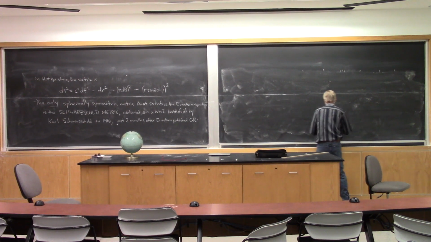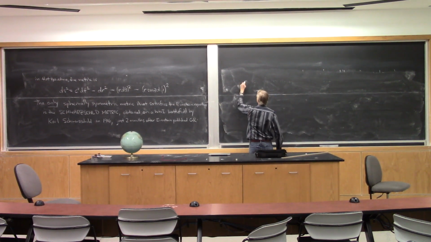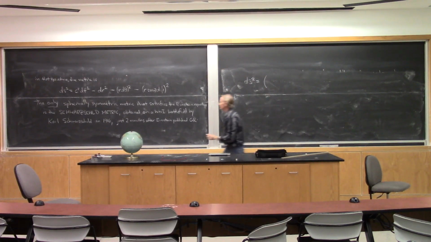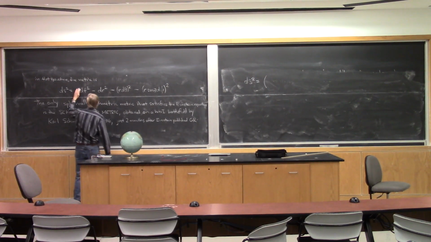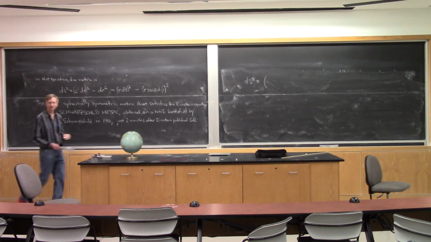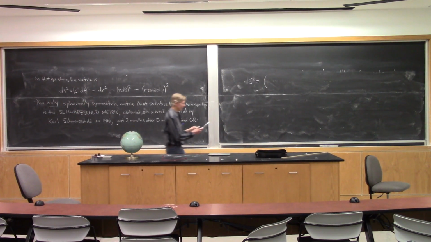So here it is. ds squared is equal to, just to be consistent, c dt squared over there, of course, same thing.